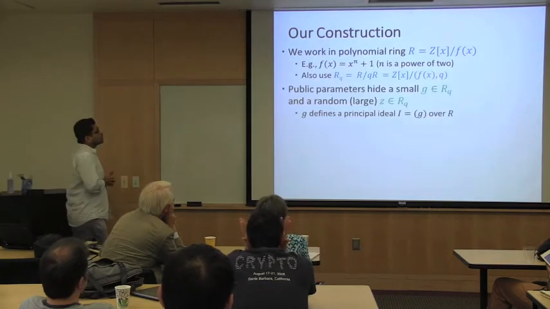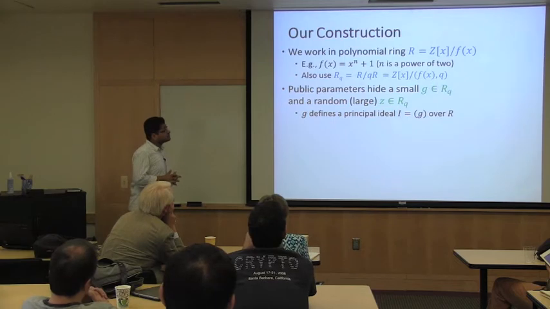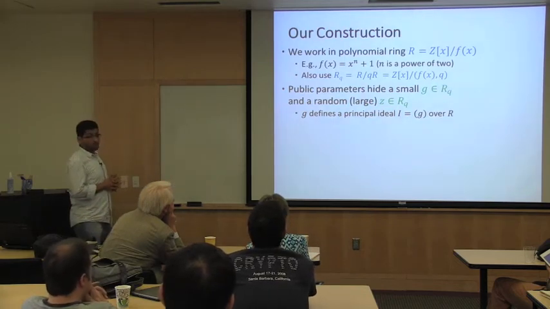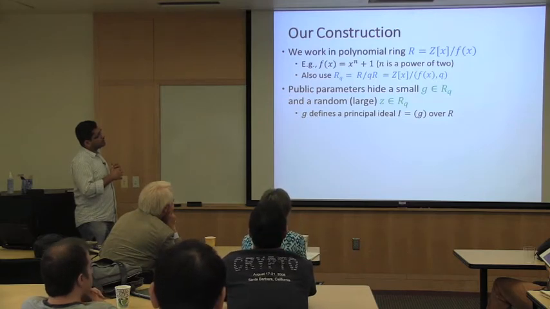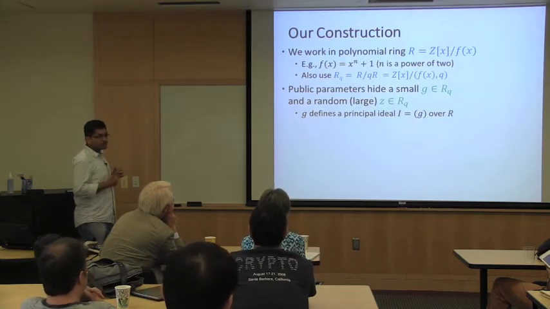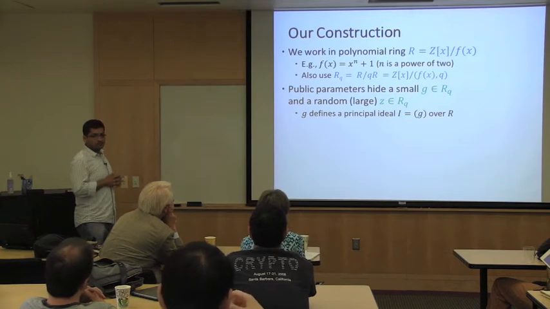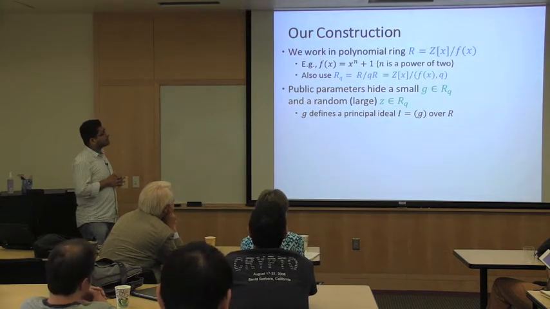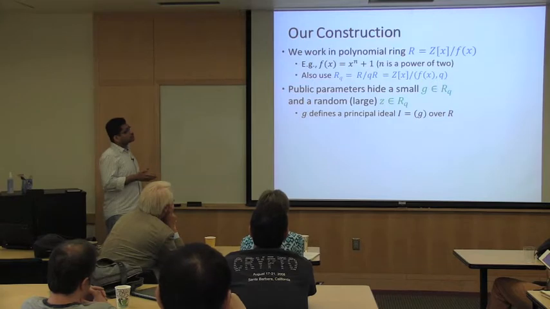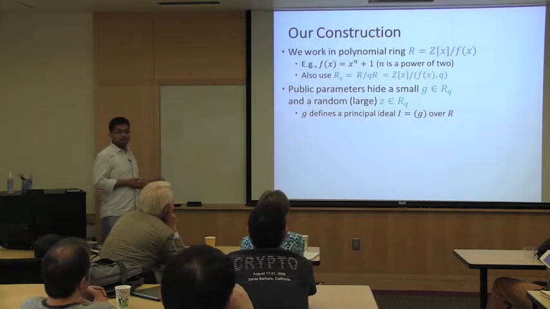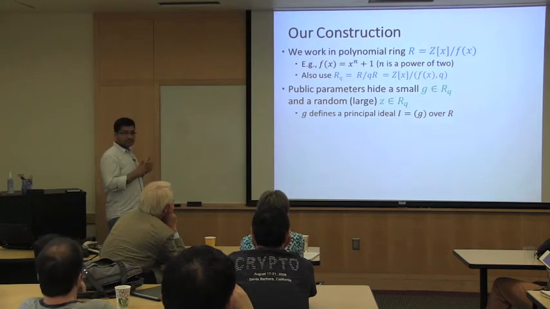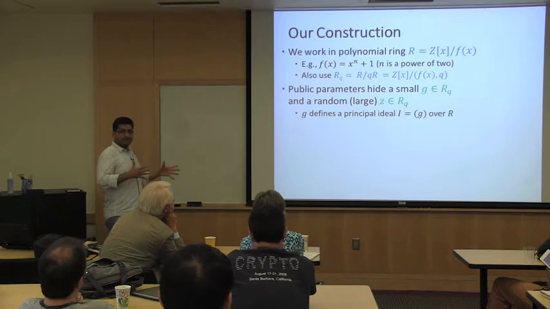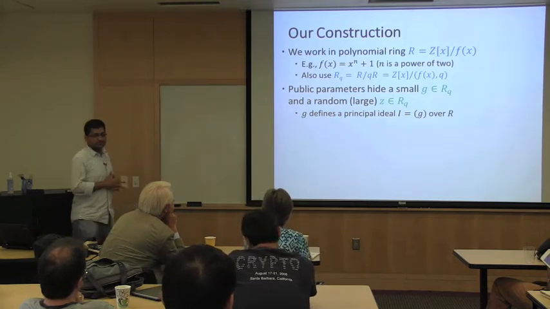Okay. So our public parameters are going to be such that they hide this small parameter g. What I mean by small g is an element whose coefficients, in the coefficient representation, are small. And since it's small, it's going to be the same value in R_q and R. Q is really, really large, and the coefficients of g are small, so it doesn't matter whether I look at R_q or R, it's going to be the same value.